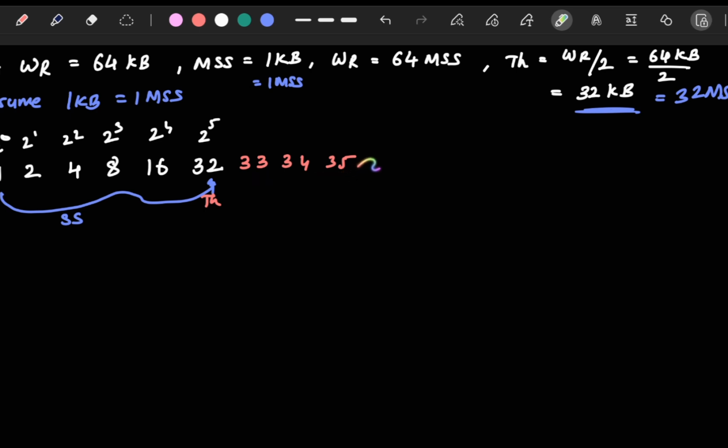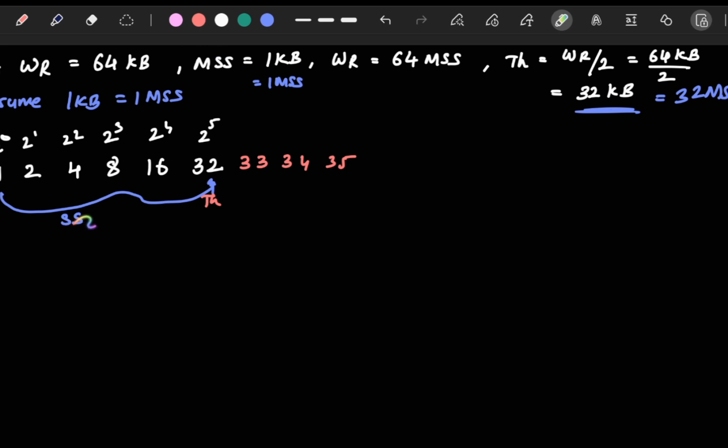Then suddenly there would be some timeout. Now consider the scenario where suddenly there is a timeout. This is the congestion avoidance phase, right? In any of these phases there can be congestion, and this algorithm can detect congestion at any of these phases.